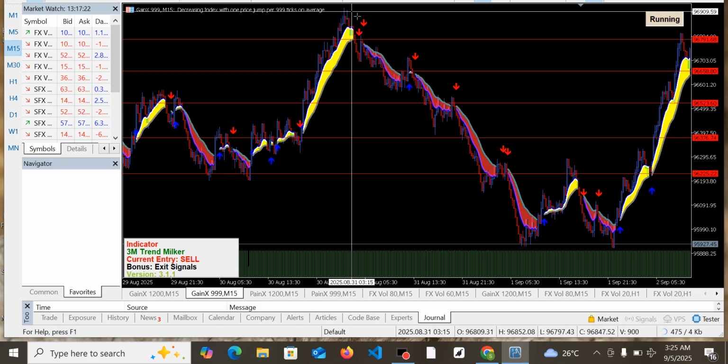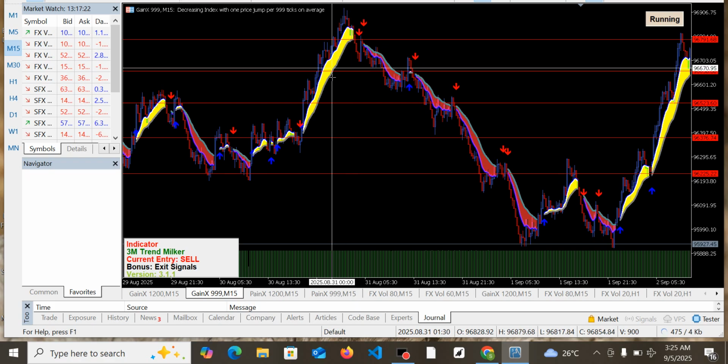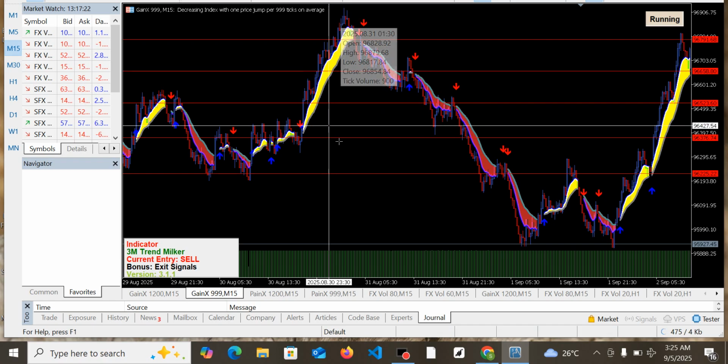So there are only two things that can happen from there. Either it breaks out above it to continue the uptrend, or it changes the trend from the uptrend into a downtrend. In this situation, you can see it's changing from an uptrend into a downtrend.